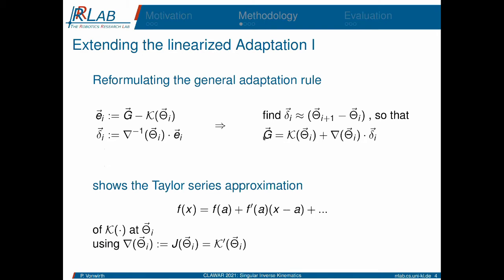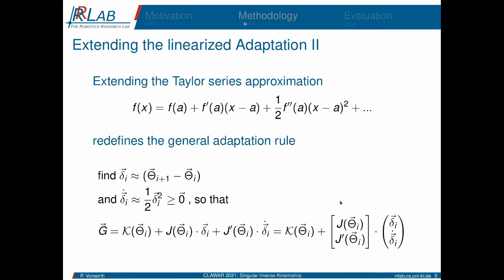If you compare this G, which is representing the goal of the kinematic function, which is the nonlinear function f, plus this nabla operator, which is here representing the first derivative of f in the Taylor approximation. So very simple.